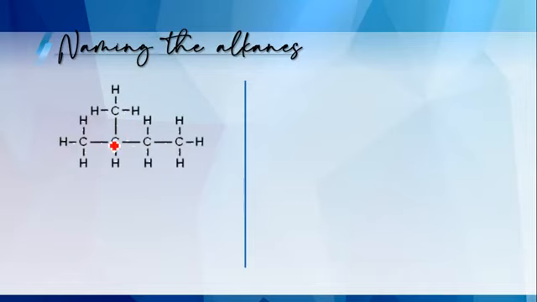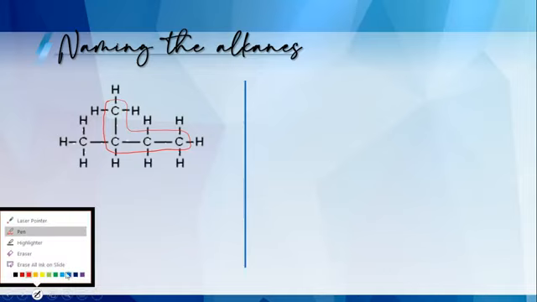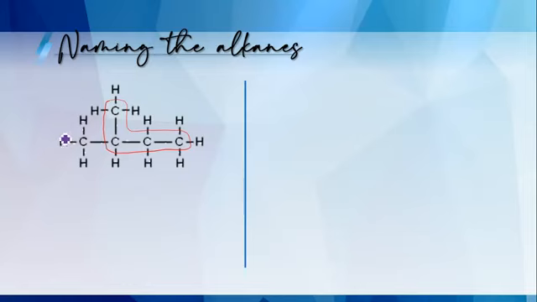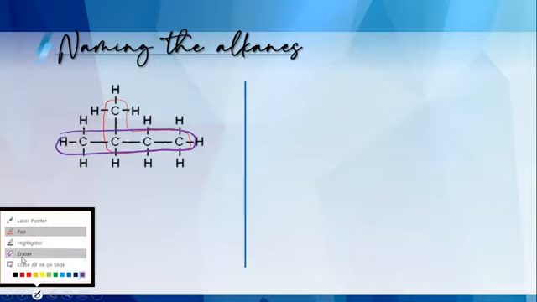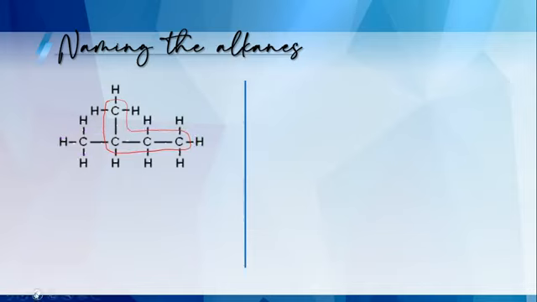If you look over here, we can have this as the longest carbon chain, or you can have this as your longest carbon chain. Sorry, I need to erase some of that. Okay, you can have this as your longest carbon chain.